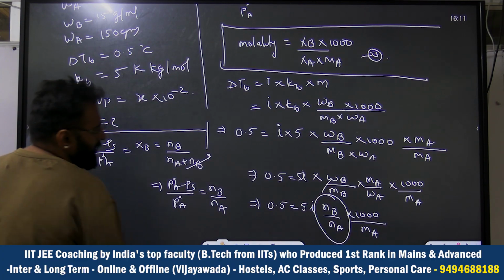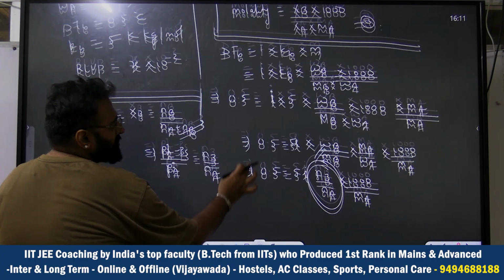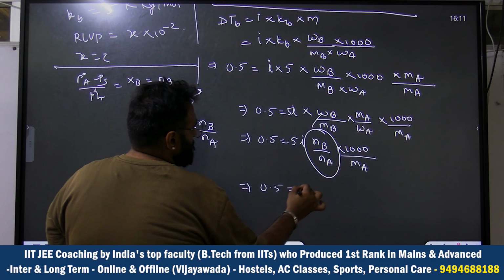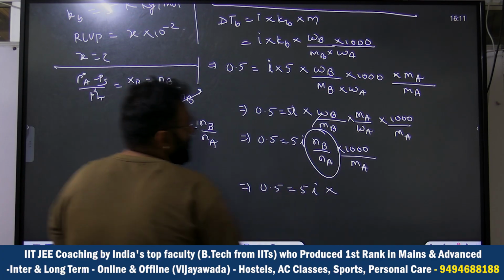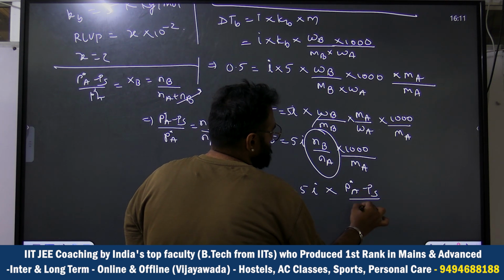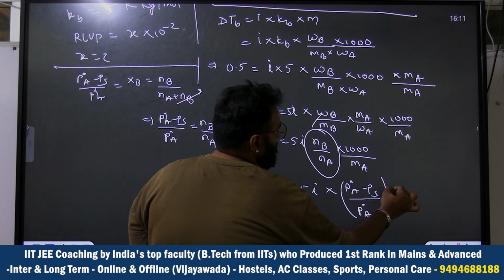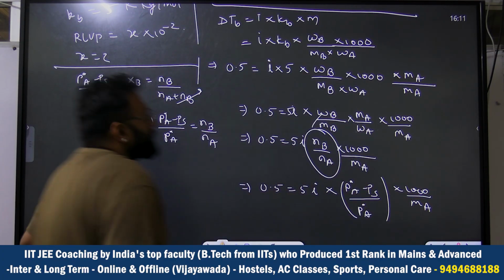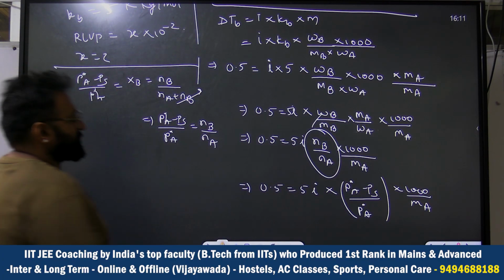So I can directly substitute this value. So 0.5 is equal to 5I into (P naught A minus PS) upon P naught A, into 1000 by MA. What is given? X.